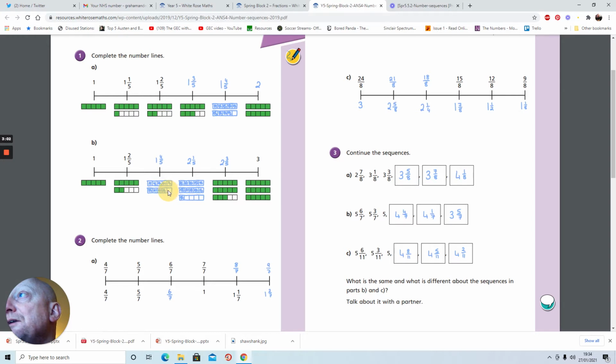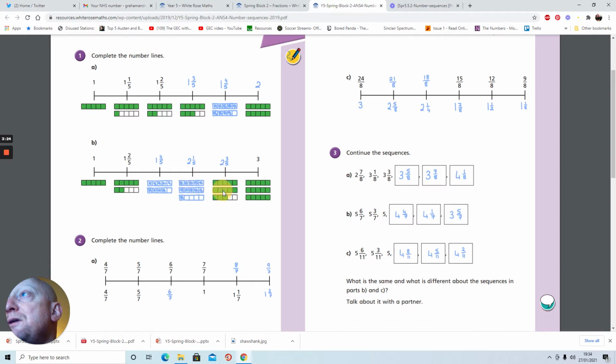So to do that, I can shade that one in. Then I need another block of 5 underneath. So I'm going to draw another 5 there and shade 2 in because we're only adding 2/5. And then we can see where that leaves us, with 2 wholes and 1/5.